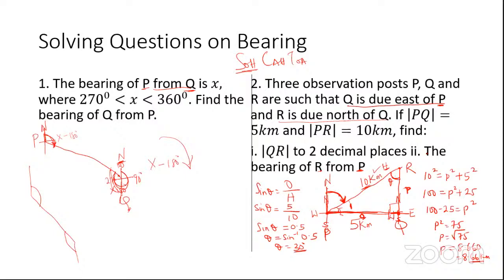So the bearing of R from P is 030 degrees, because we don't like 2 digits. We leave it in 3 digits. That's why we call it a 3-digit bearing. So 030 degrees. That is the solution.